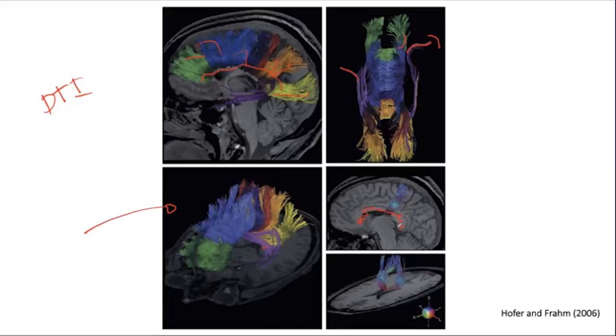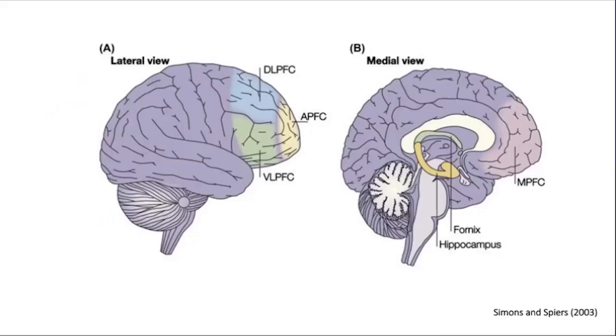corpus callosum. But let's go to the prefrontal cortex and the structure that we have for it. The simplest categorization of the prefrontal cortex could go for something like dorsolateral prefrontal cortex, ventrolateral prefrontal cortex, and frontopolar or anterior frontal cortex, and then this part which we call medial prefrontal cortex.